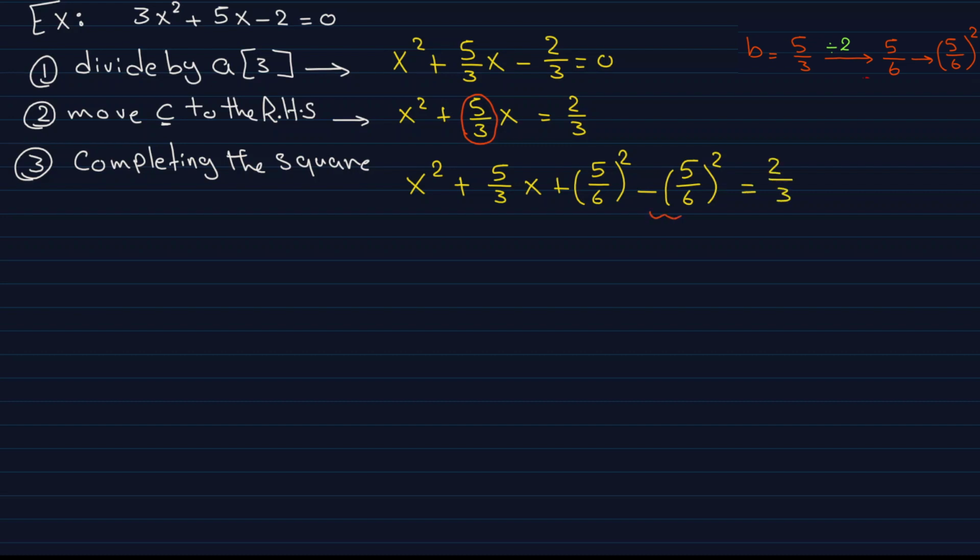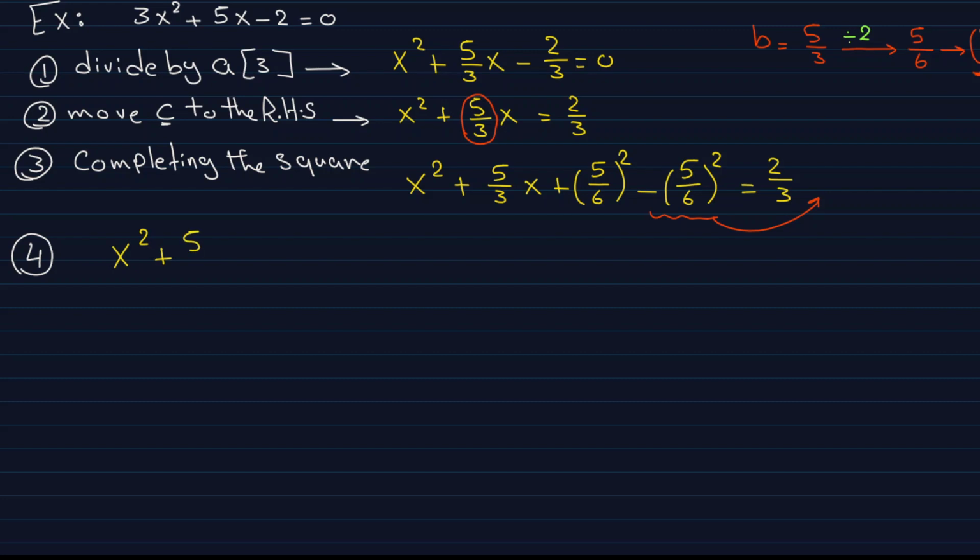Next, we're gonna bring this part to the other side of the equation. We're gonna have in step number 4, x^2 + (5/3)x + (5/6)^2 = 2/3 + (5/6)^2. So when I bring this term to the other side, it becomes positive. Now we can combine these two terms, 2/3 + (5/6)^2.